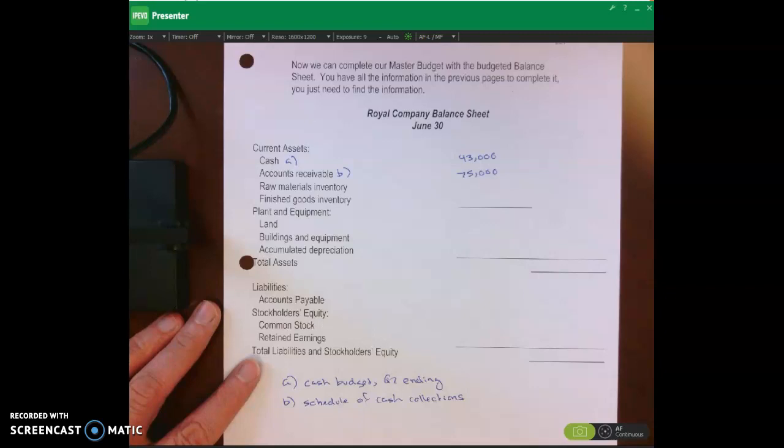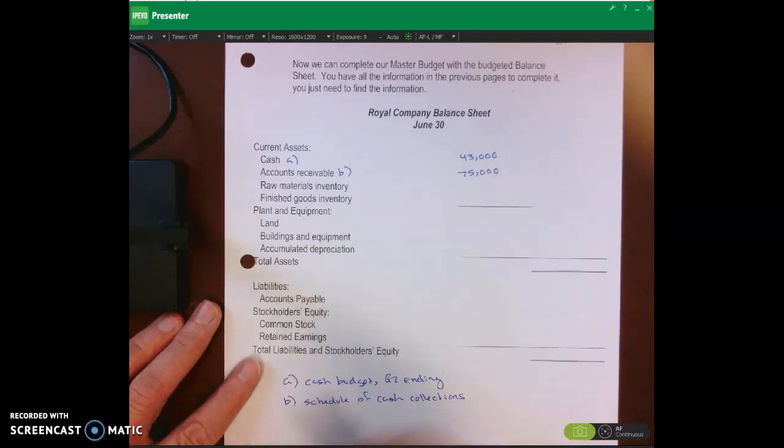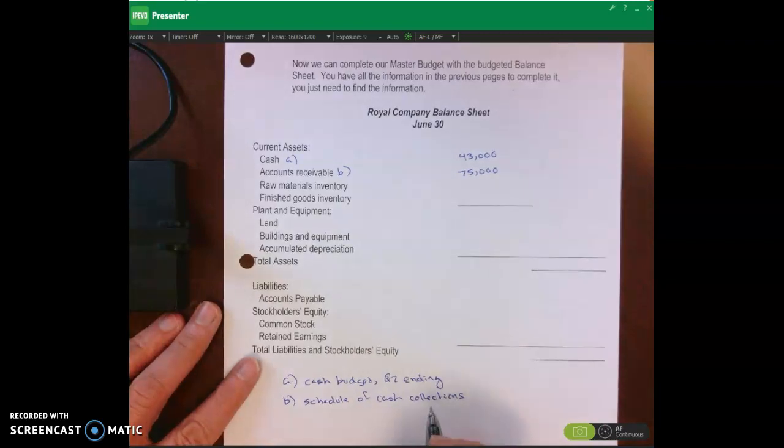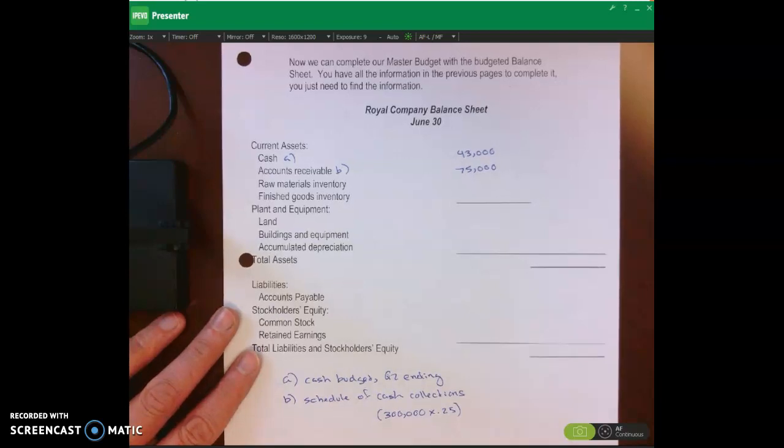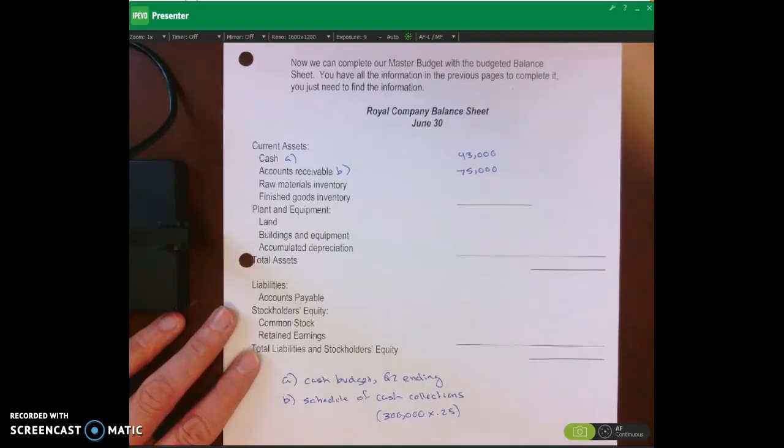And in that lecture video, recall that I asked you to calculate what is accounts receivable at the end of quarter two. And we calculated it out as $30,000. And remember, the way that we did that is we had June sales, 30,000, times 0.25, which was the amount that we were going to collect in the next month. And that's how we got that $75,000.